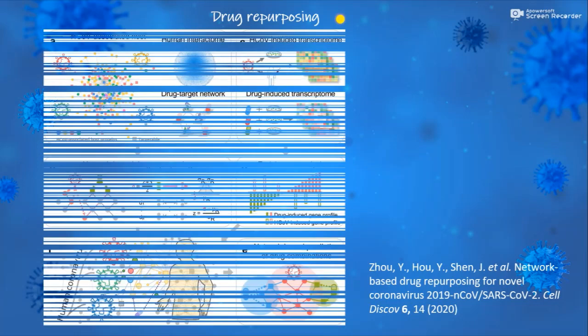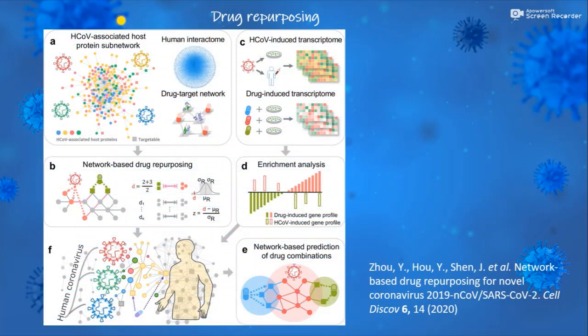Here the authors identified the protein subnetworks, how these coronavirus proteins are affecting the human proteins and network interactions. So they pulled from the human interactome, where you can identify how one protein is interacting with another protein.